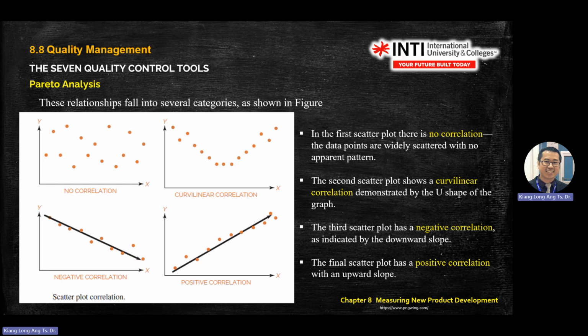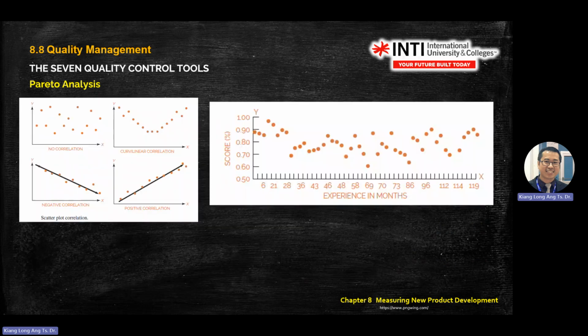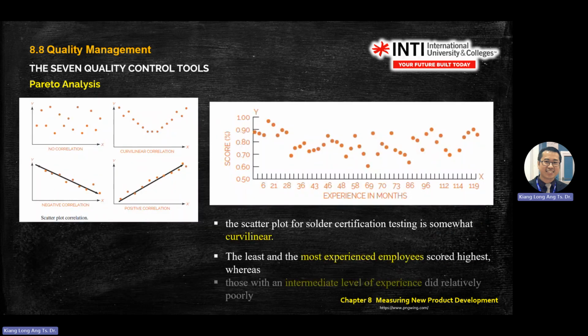No correlation means the points jump here and there. Nonlinear correlation means you see a curve there, you can plot a curve. This one, straight line going down, negative correlation means your m is negative. y equals mx plus c, m is negative. This one, y equals mx plus c, your m is positive, a positive correlation. Okay. So these are the things that you will have every time.